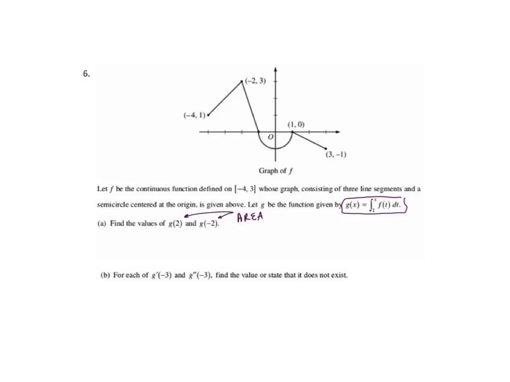So when we go to set this up, keep in mind that the bottom number is not 0, you are starting at 1, and that is a place that some people messed up. So we're going to have g at 2 equals the integral from 1 to 2 of f at t dt, and that's talking about our bounded area.